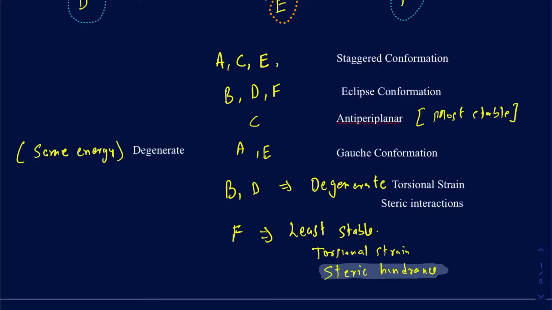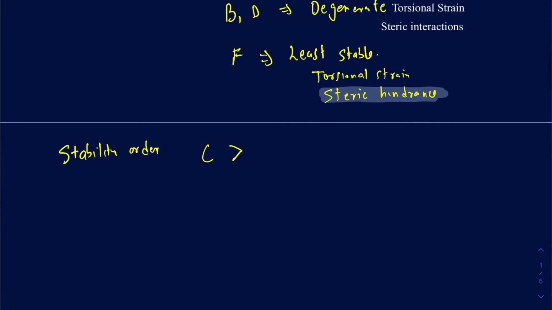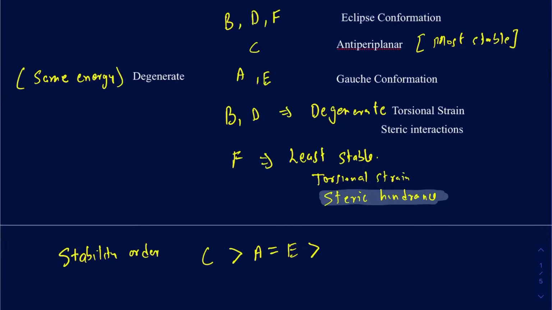Remember, your Gauche conformations are always going to be more stable than your eclipse conformations. But then also keep in mind your A and E were degenerate. So I'm saying C is more stable than E, but then E and A are actually going to be equal in terms of energy. And then these guys are going to be more stable than your eclipse conformations.